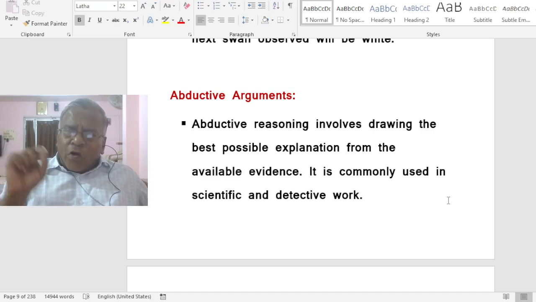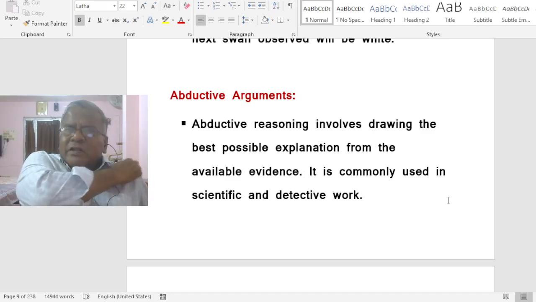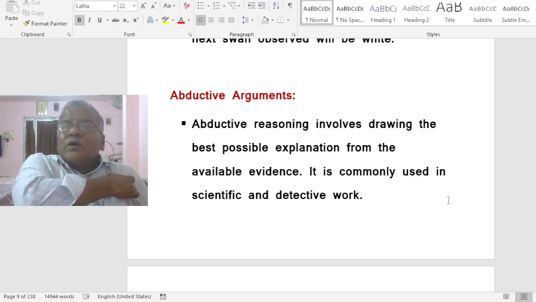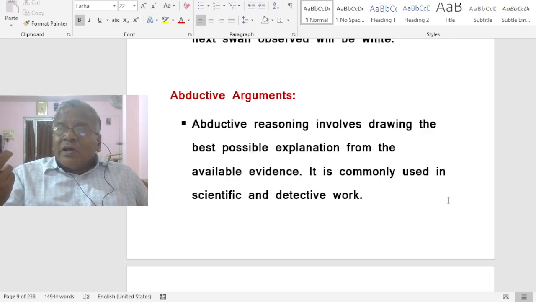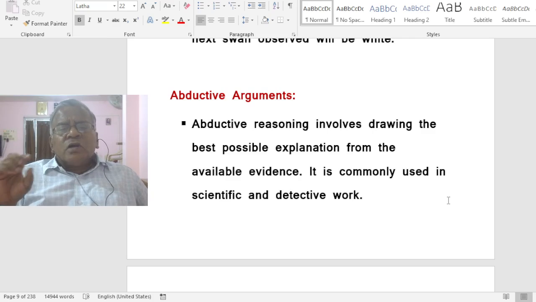Based on what you have said, he tries to put it into some disease, some sickness, because he is a doctor and has studied about it, so he is able to understand your sickness so easily. This is called objective reasoning. It involves drawing the best possible explanation from the available evidence.